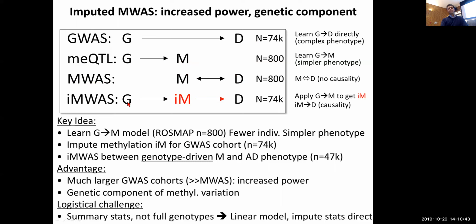Whereas if I instead use the genetics to predict methylation, and then use the predicted methylation, i.e. the genetic component of methylation, to correlate that with disease, that genetic component is a unidirectional arrow. Everybody with me?